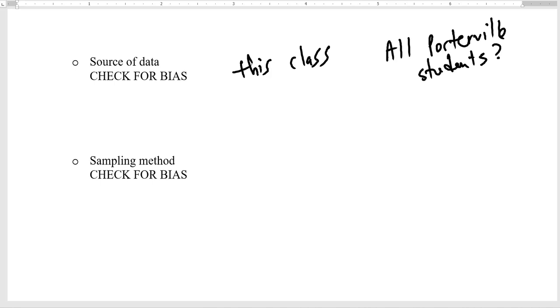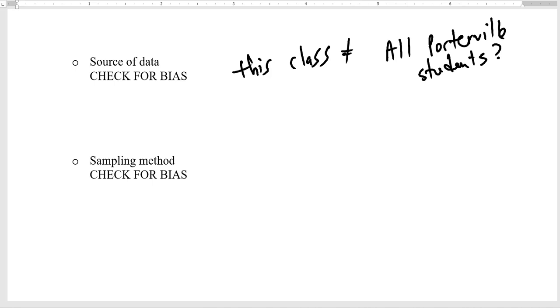We've got some old people, some young people. Well, some of you are here at 8 in the morning, some of you are here in the afternoon. Aren't there some evening classes? Do you think that they might be a little different? There might be a reason that those people have to take evening classes instead of morning or afternoon classes. So you may differ in some way that's going to change our answers. So we don't necessarily think this class would represent all Porterville students. Okay.